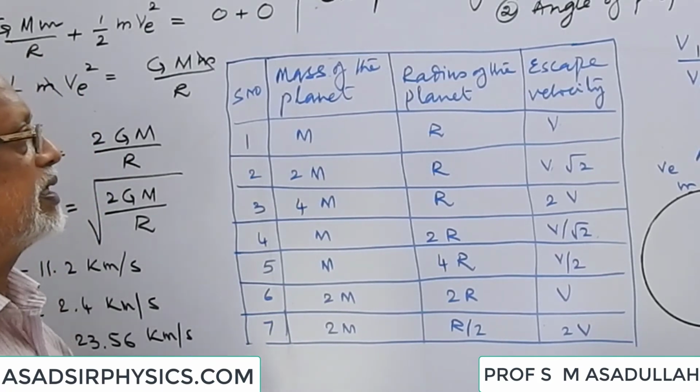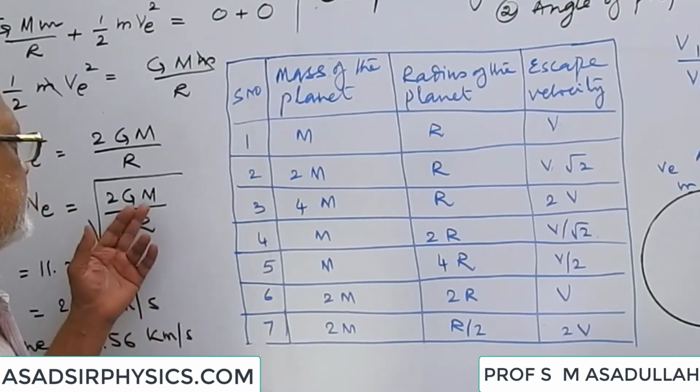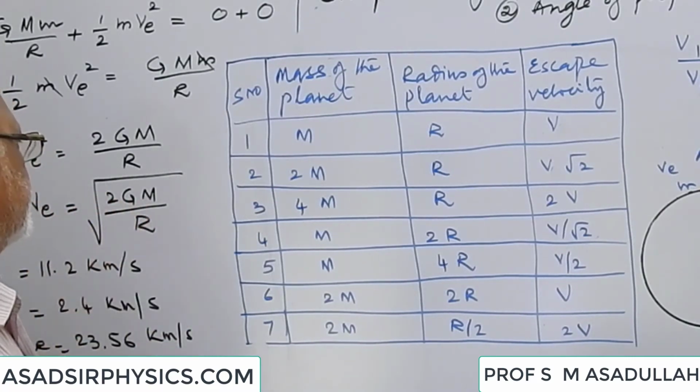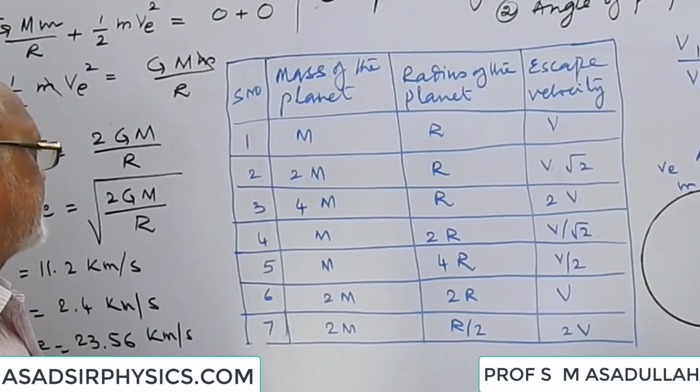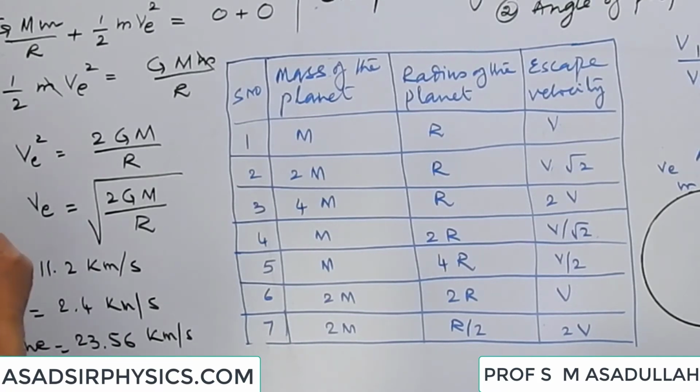Now let us consider the other forms of the formula of the escape velocity. Before we do that, let us see one more thing. Suppose it is given like this. Keeping the mass of the earth same, if the radius is increased, the escape velocity decreases.